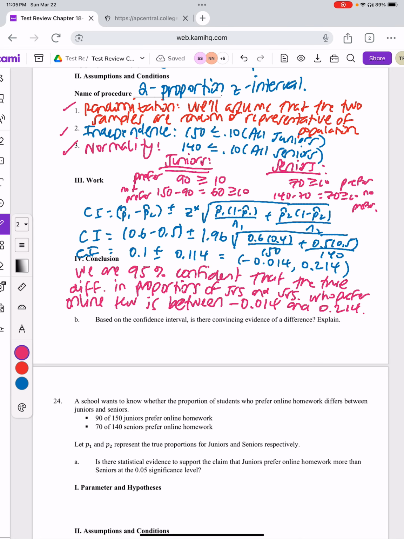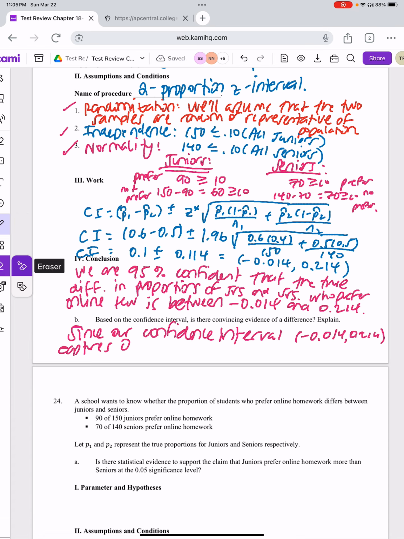Since our confidence interval is negative 0.014 to 0.214 and captures 0, that means that there's no difference.